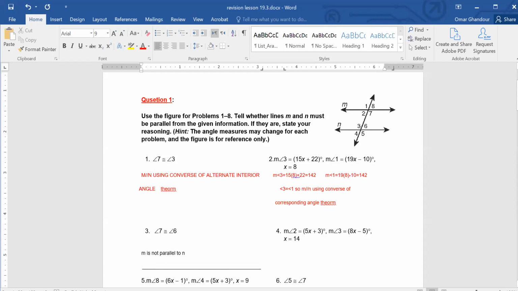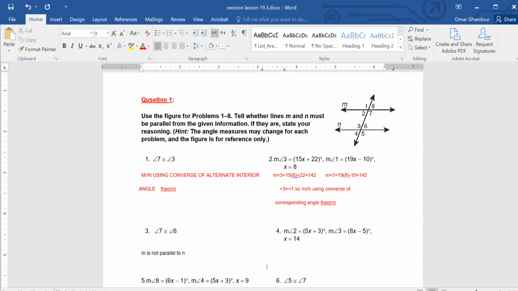Only in this case, M and N can be parallel. You can write a note that if angle 7 and angle 6 were 90 degrees, then they are equal and also supplementary, so lines M and N can be parallel. But if he only tells me 7 is equal to 6 with no other information, this is not sufficient information for me to say that these lines are parallel.